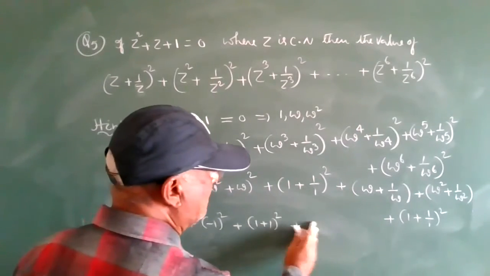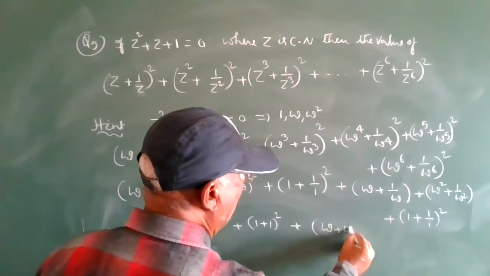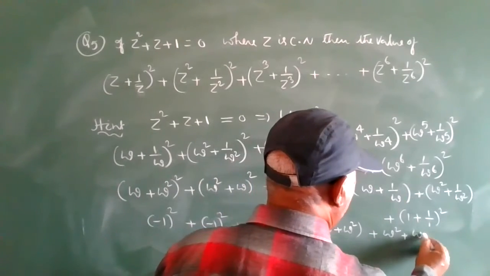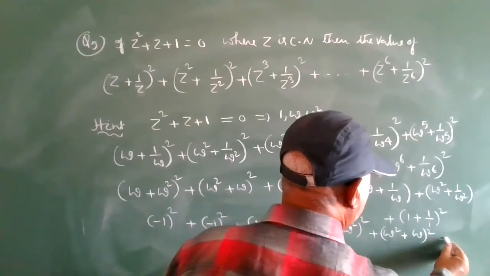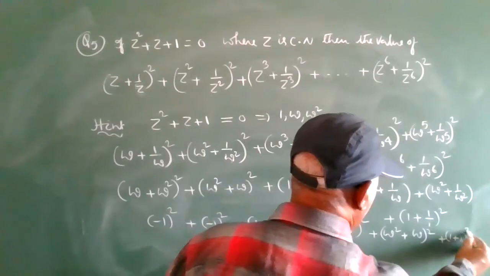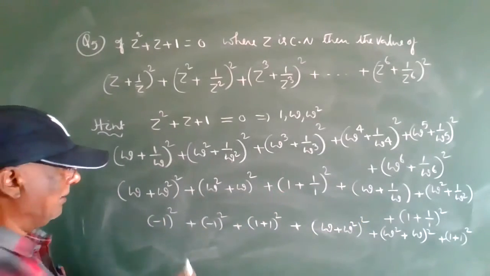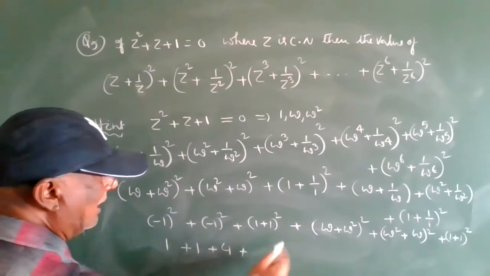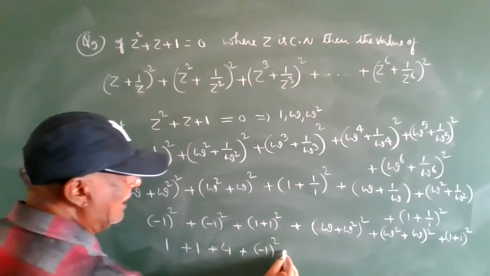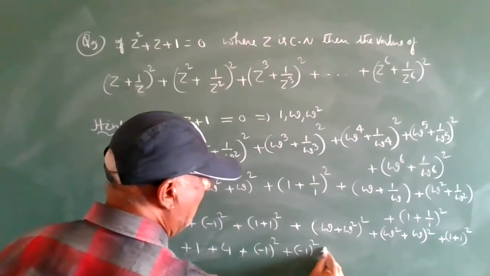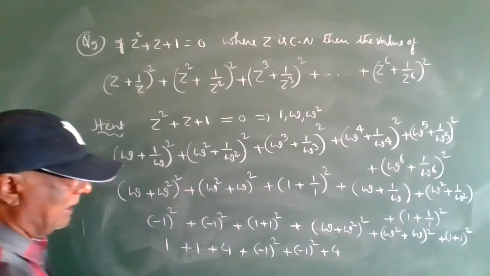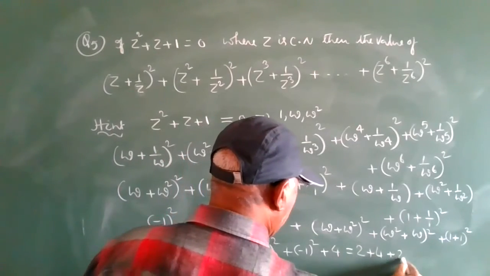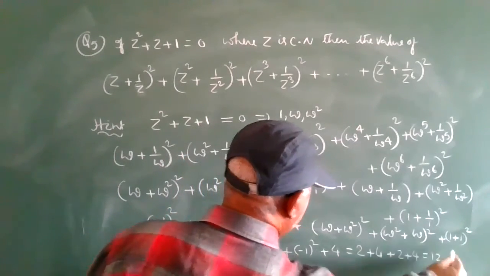Minus 1 square is 1, here also minus 1 square is 1, and the last one, 2 square, is 4. Now write down: 1 plus 1 is 2, plus 4. The total answer is 12.